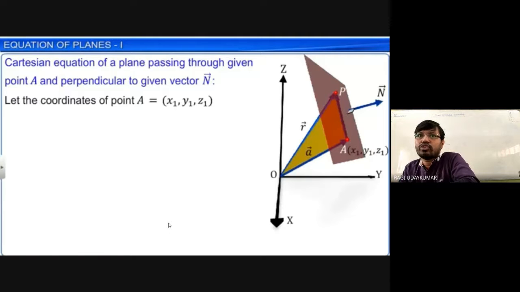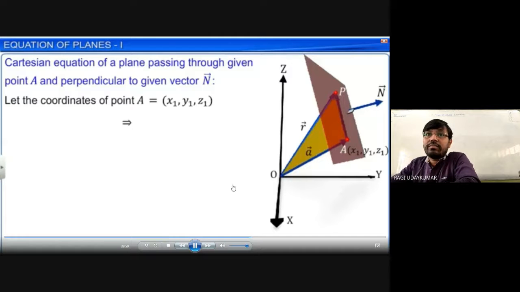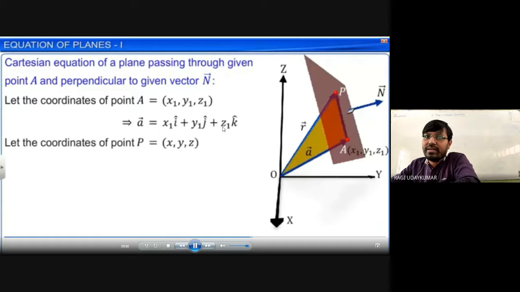R bar minus A bar dot n bar is equal to 0 is the vector equation. Now the Cartesian equation of a plane passing through the point x1, y1, z1 and perpendicular to the given vector. The point A has position vector x1 i, y1 j, z1 k, and an arbitrary point P is taken as x, y, z.